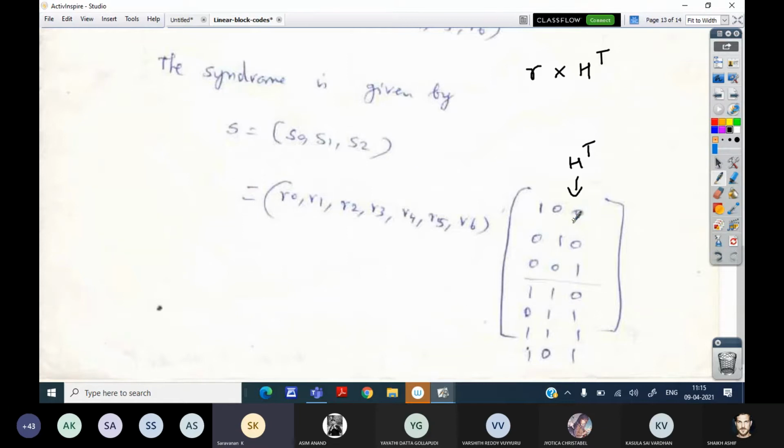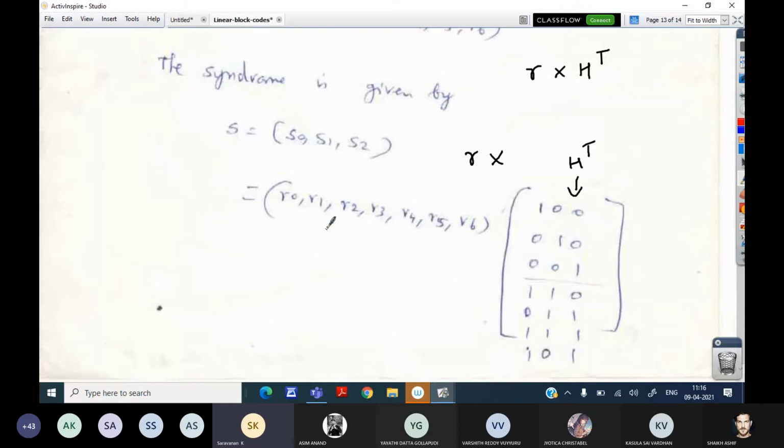Have you got this? So I'm going to multiply the received vector by H transpose now, taking the general notation of the received vector.